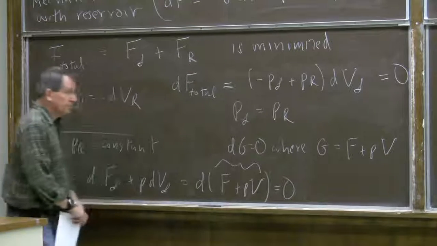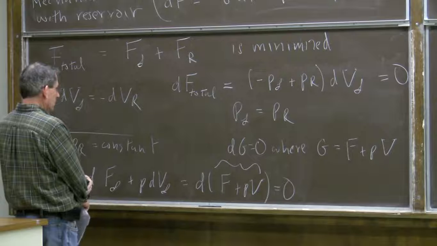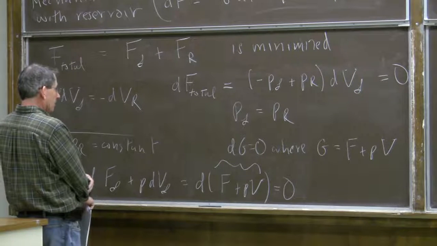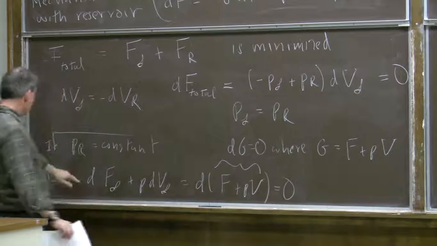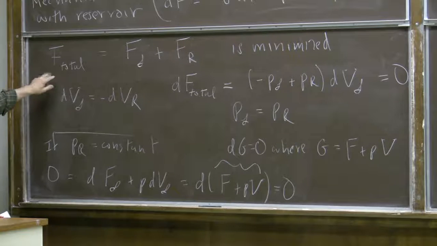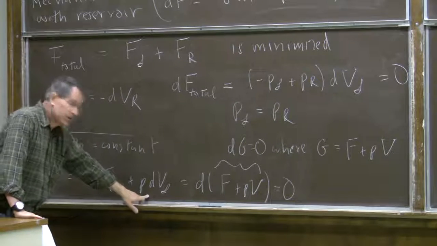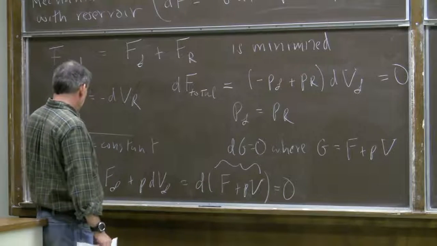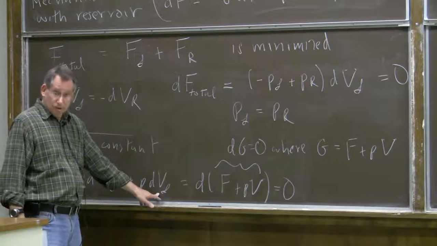How did you get that 0 over there? You just write 0. Right, so I'm saying that the first order change in the total free energy is dF system plus dF reservoir. dF reservoir is minus pressure of reservoir times d volume reservoir.